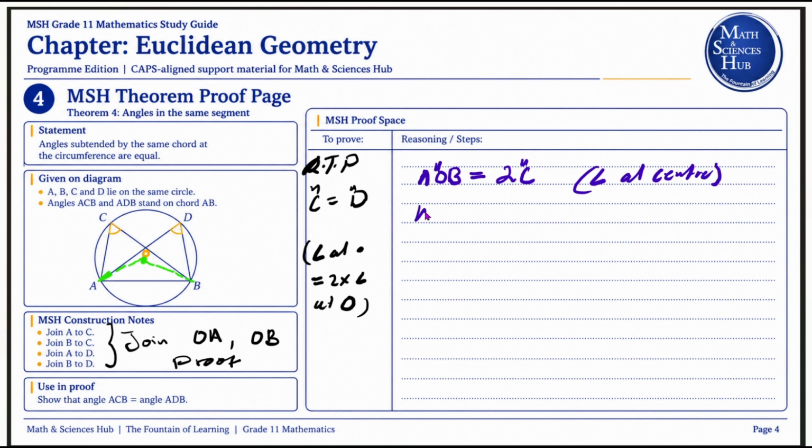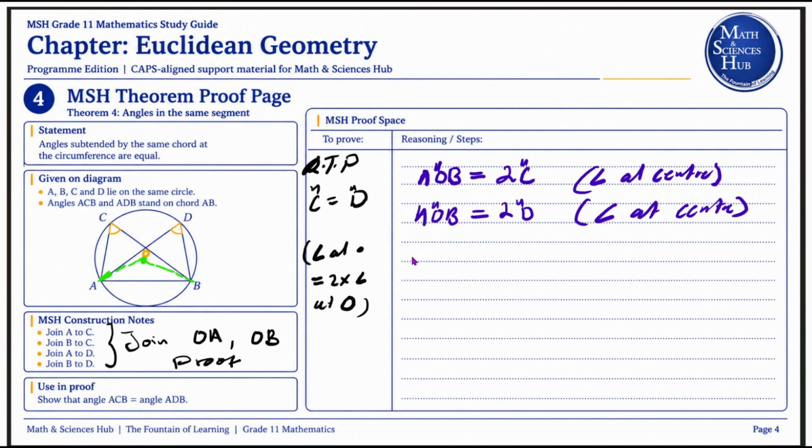And also angle AOB equals twice angle D, same reason, angle at center equals twice angle at circumference, right? But if we look at these two statements, angle AOB equals twice angle C, the same angle AOB equals twice angle D.